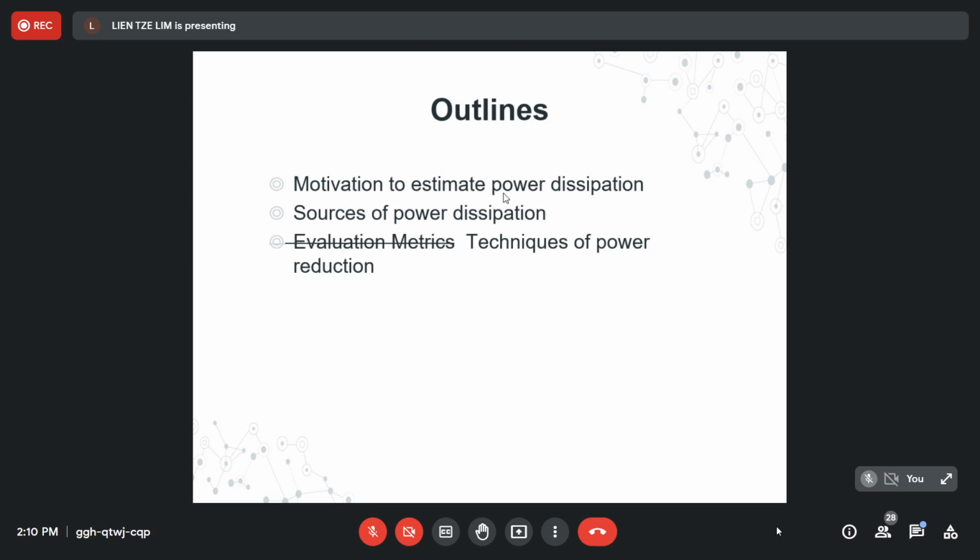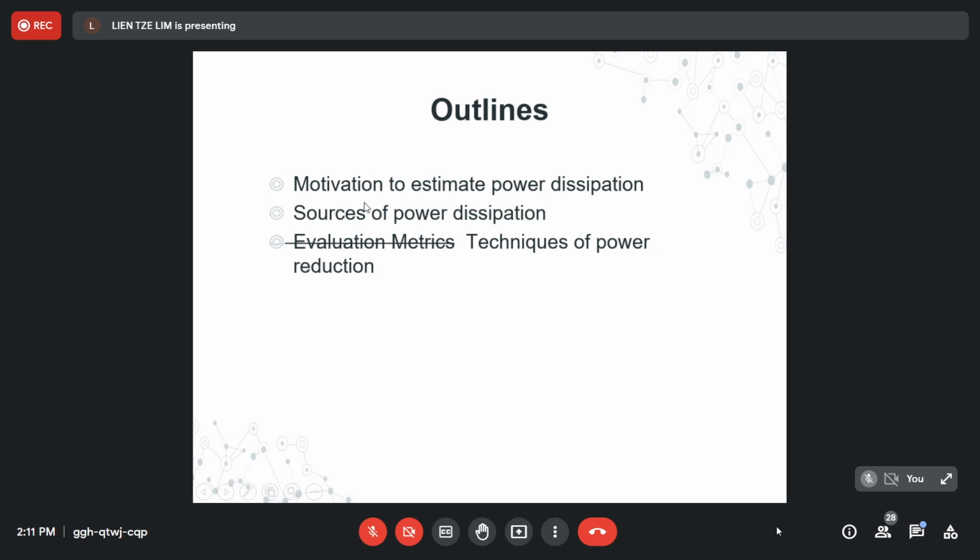We have to ensure that it is not high in the CMOS device. There will be some consequences that will be covered later. If there is high power dissipation, then what will happen? That brings us to these motivations.